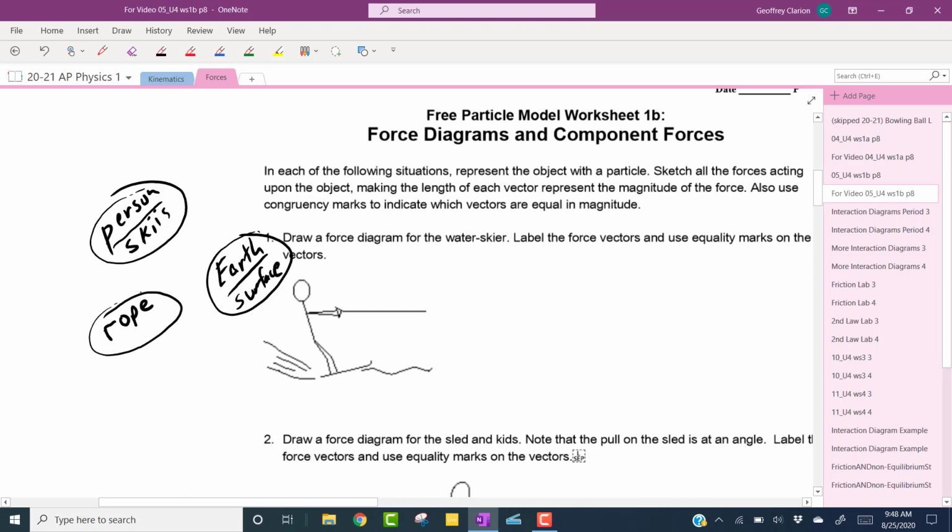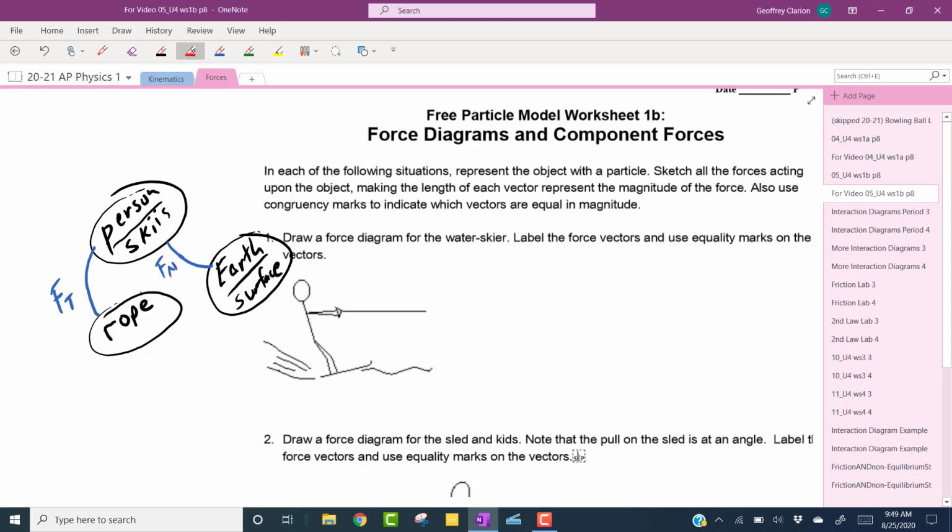So between the person and the rope, we have the force of tension. So let me draw that in. So F sub t. Between the Earth's surface and the skis, we've got the normal force.